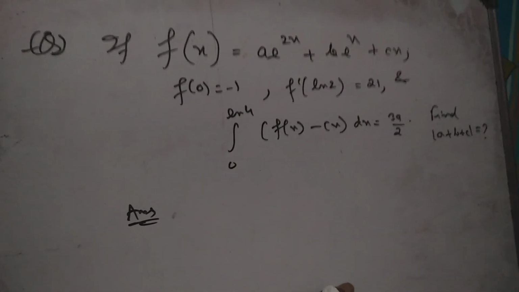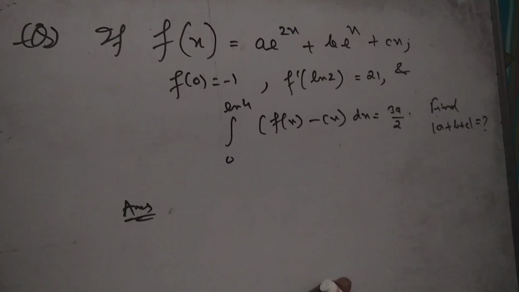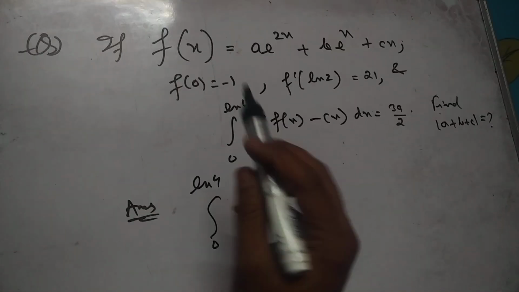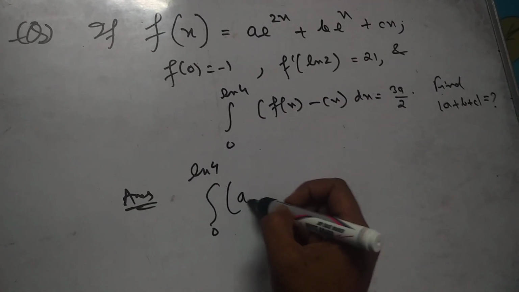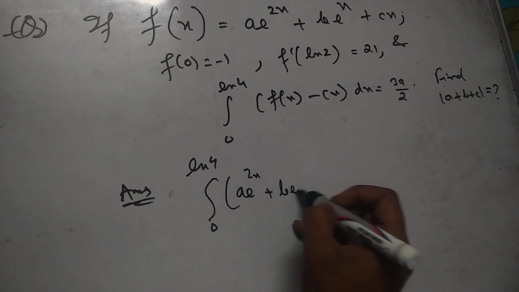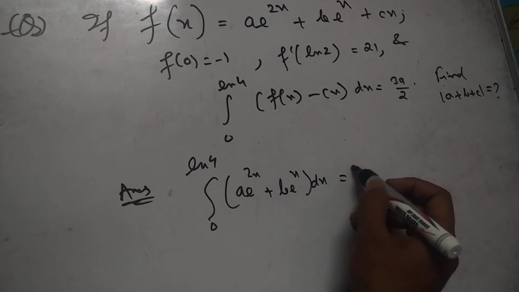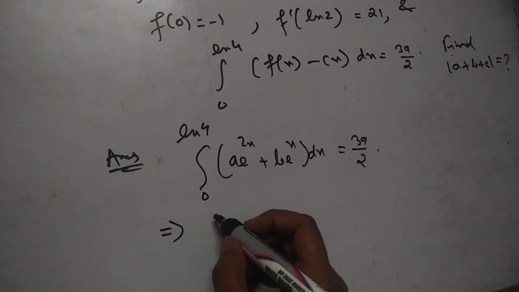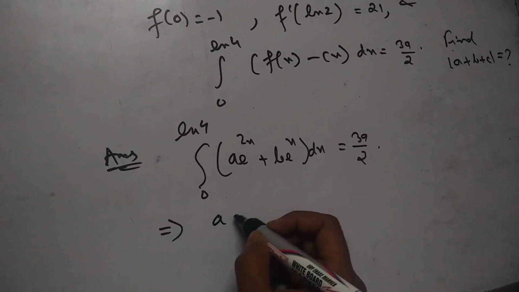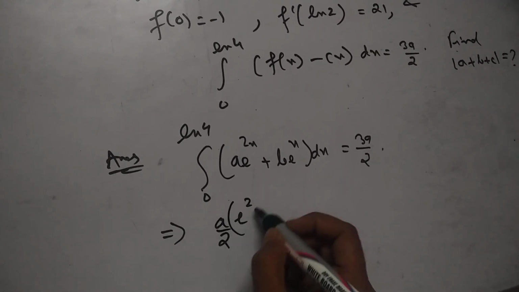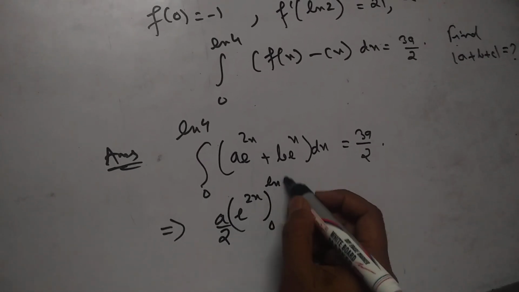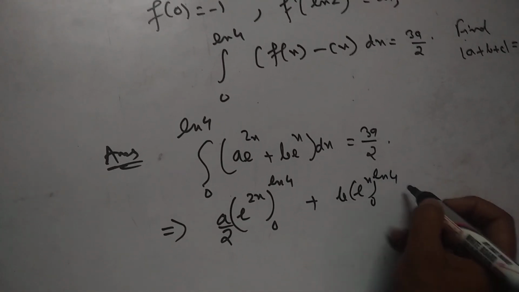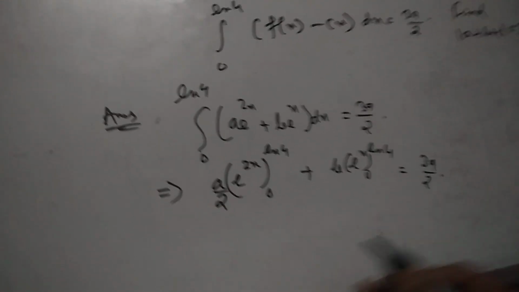So this is a good question but easy one. So what we do is we start with the integration, right? So f(x) minus cx is a e to the power 2x plus b e to the power x dx, which is given as 39 over 2. All right. So just integrate it. 0 to ln 4 plus b e to the power x 0 to ln 4, which is 39 over 2.